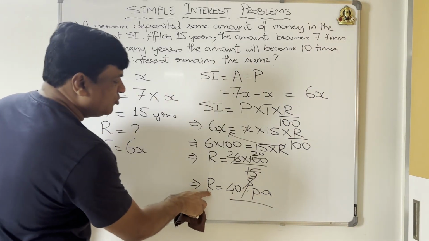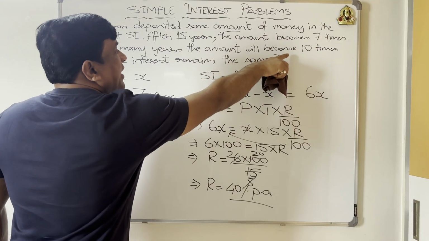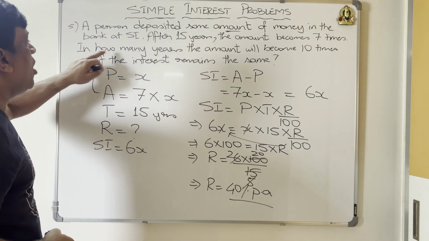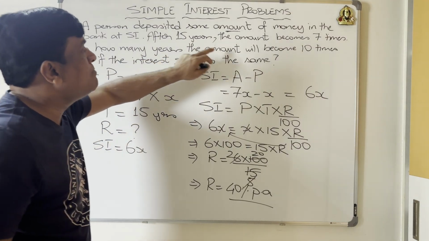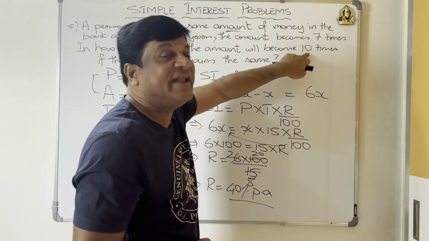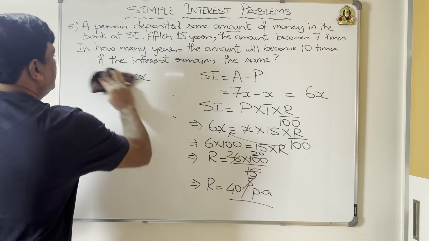Now I need to use this information in the second part to calculate how much time. They're asking in how many years my money, whatever initial sum I have, will become 10 times. So let's go to the next part.